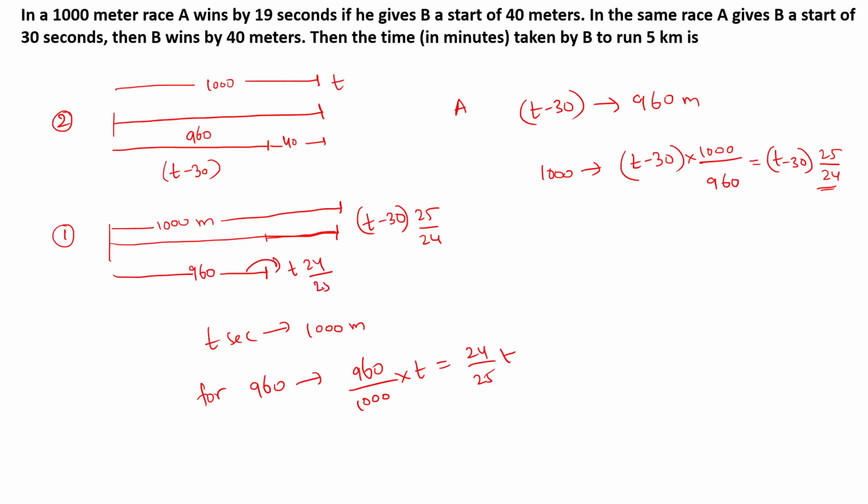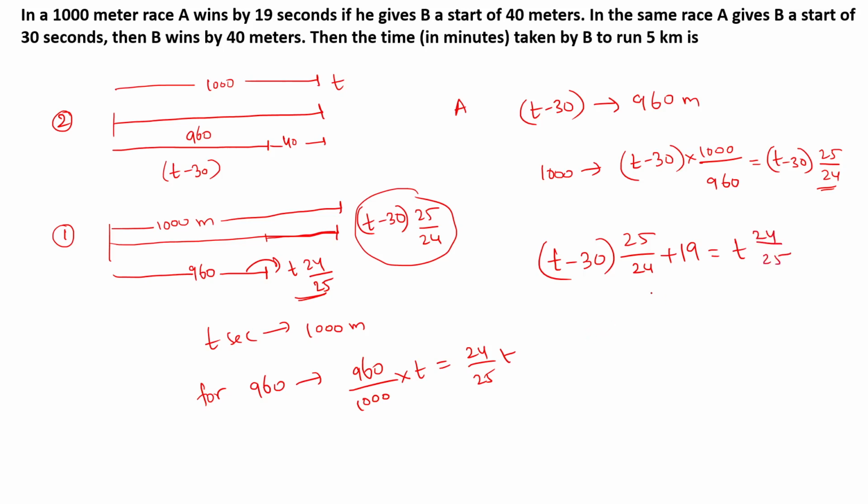As per the question, it is given that A wins by 19 seconds. So this should be 19 seconds more than this time. So I will write it: t minus 30 plus 19 is equal to t into 24 by 25.